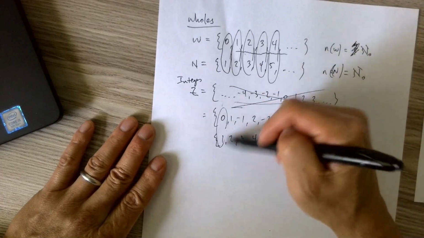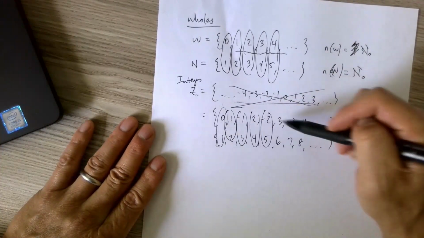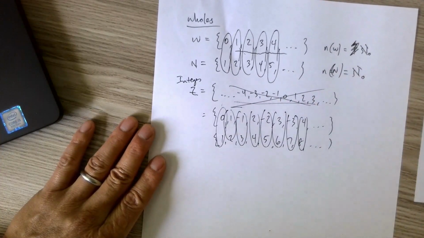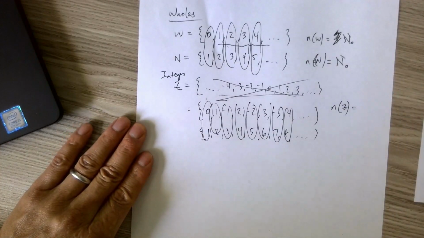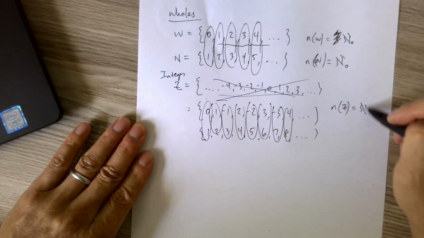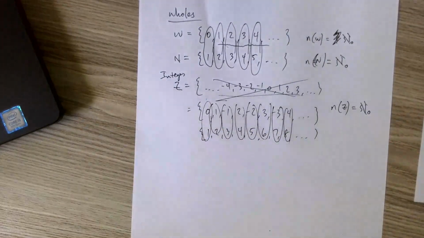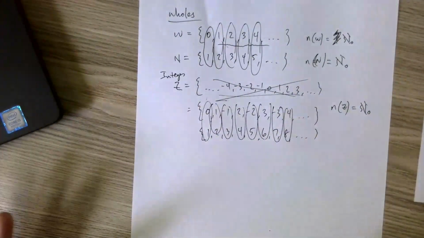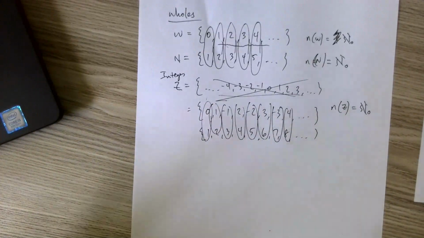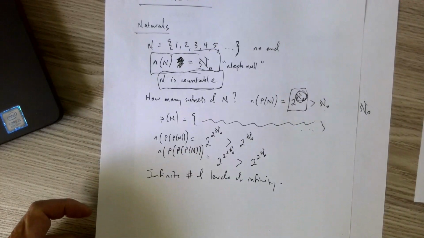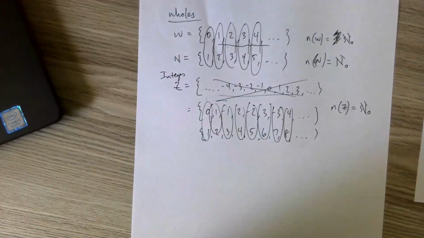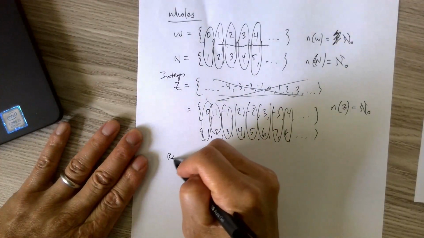Yes. Pairing off works. So, the cardinality of integers, also Aleph null. So far we have not found another level of infinity, the theoretical levels of infinity that I mentioned here. Okay, let's keep looking.